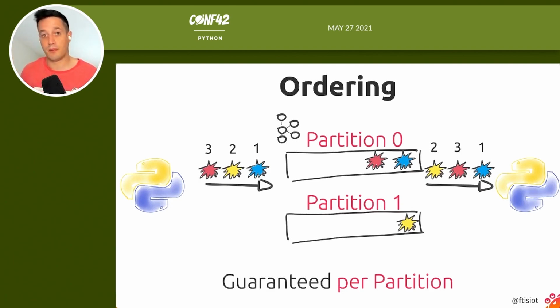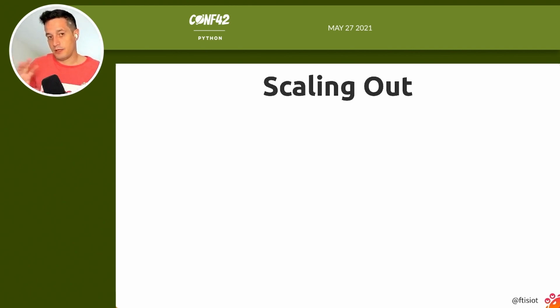If we go back to our pizza order example, it makes sense to keep all the orders of the same restaurant together because we want to know which person ordered before or after the other, but we don't really care if an order for Luigi's Pizza was done before another order for Mario's Pizza. So we understood that partitions are good because they ease the trade-off between disk space and log size, but partitions are bad because we have to give up on global ordering.